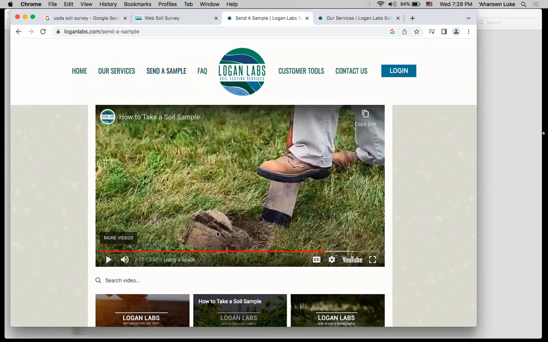So he made a hole. Now he's doing a 1-inch back cut, and he's going to use that 6-inch profile to put in a bag. He needs 2 cups to send to Logan Labs, and that's as simple as it is. If you have multiple samples, you have to label them on the bag. But the instructions are pretty good.